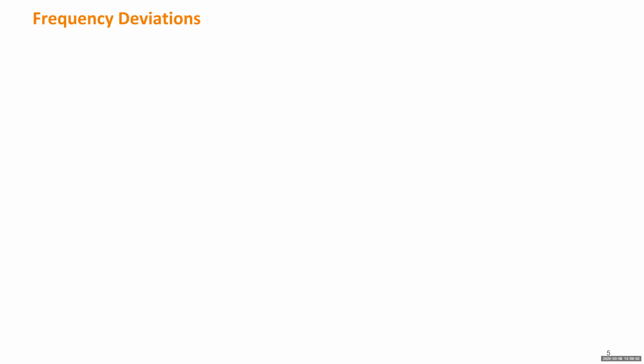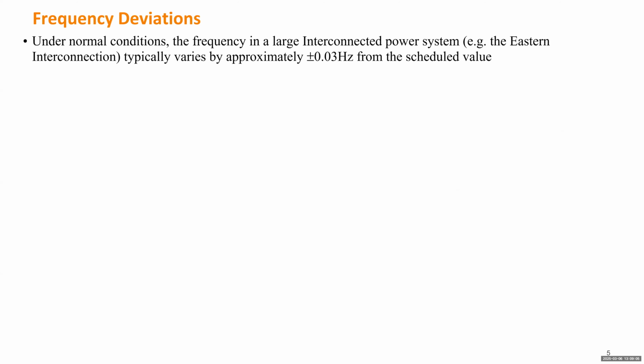Next, let's talk about the frequency deviations. Under normal conditions, the frequency in a large interconnected power system, such as the Eastern Interconnection, Western Interconnection, or Texas Interconnection, typically varies by approximately 30 millihertz from the scheduled value.